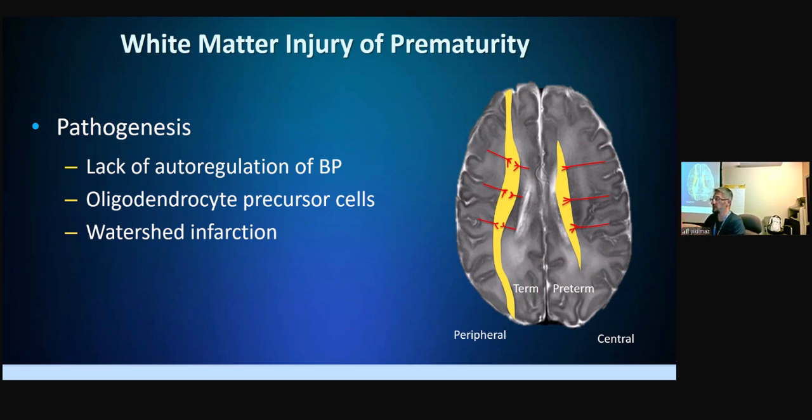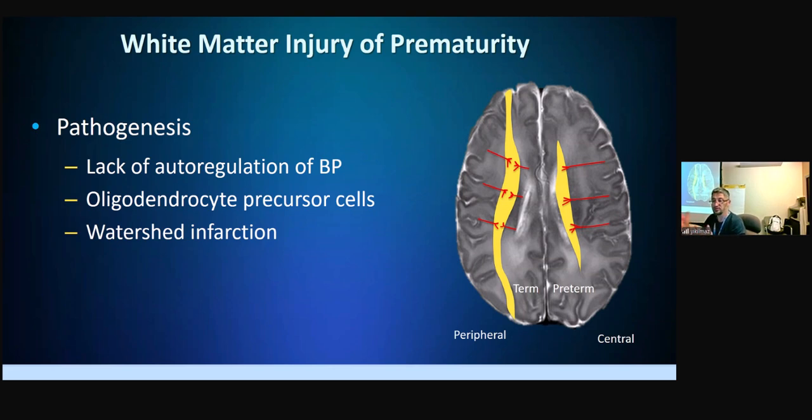So in a preterm infant, when there is ischemia or blood pressure changes, you lose the precursor cells along the ventricles, and that's why you lose myelin. In term infants, these cells migrate to the periphery, so they are not affected. That's one of the explanations.